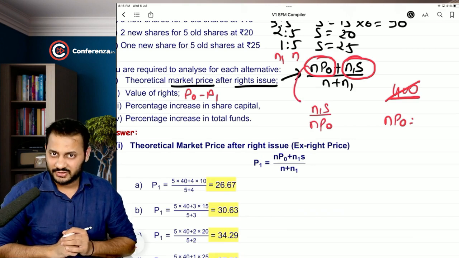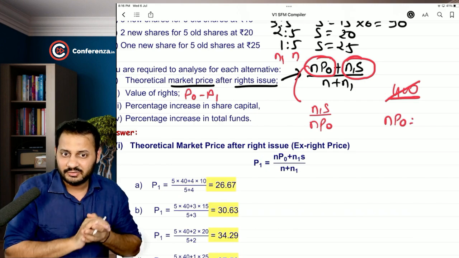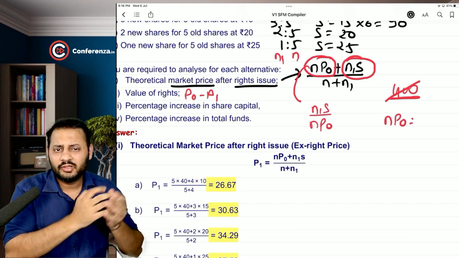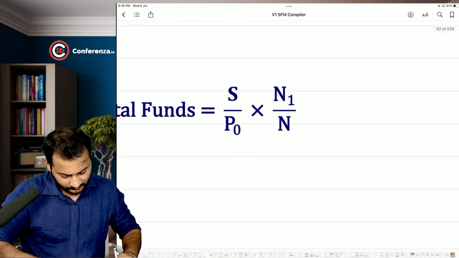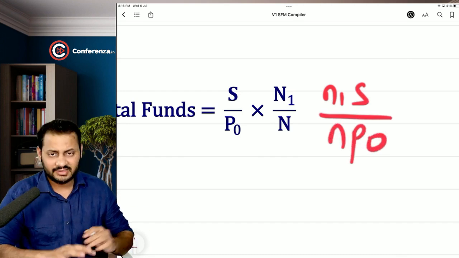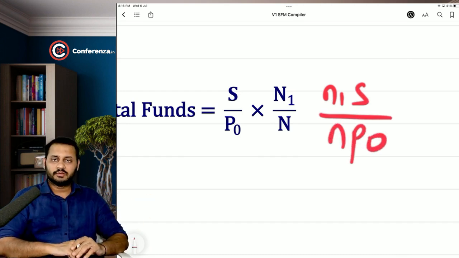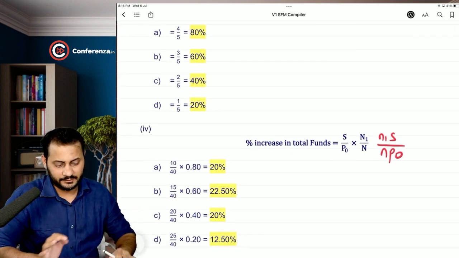Earlier the wealth was NP0, and now you are adding N1S. Take it into numerator and denominator, and you will get the answer. That's it, simple. So this is going to be your answer.